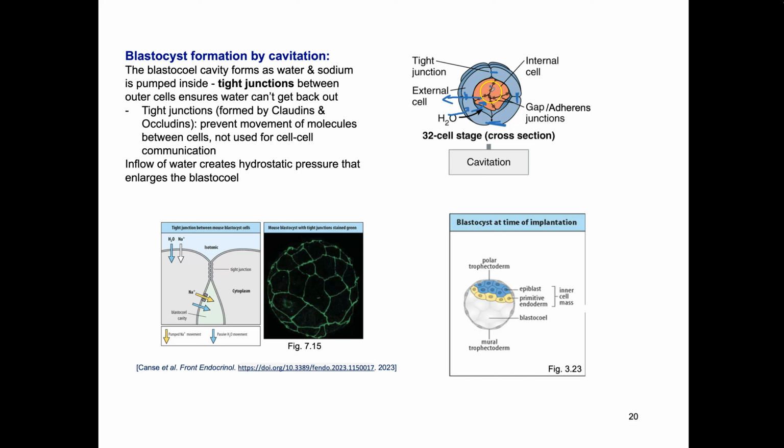That's the other thing that happens during this early stage: the divisions create outer cells and inner cells. The outer cells are going to contribute to the placenta and other extraembryonic membranes and structures. And then the inner part is the inner cell mass.